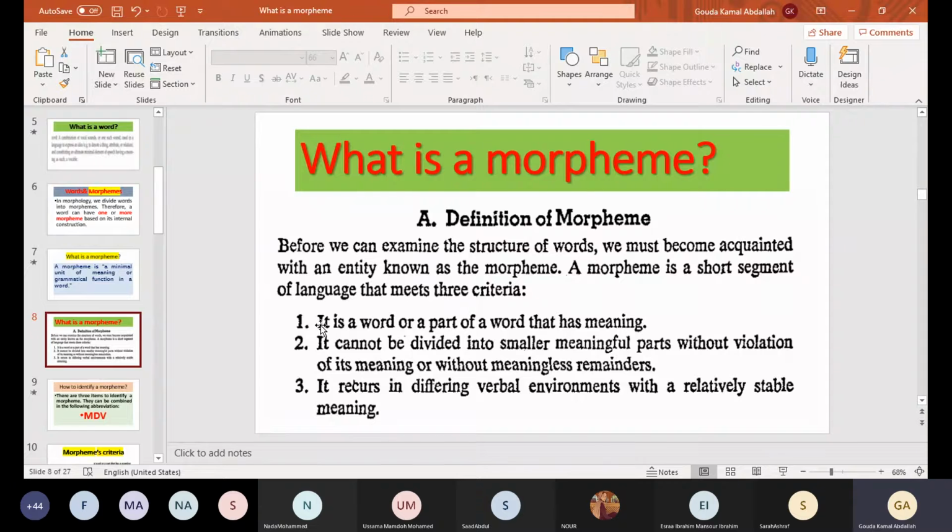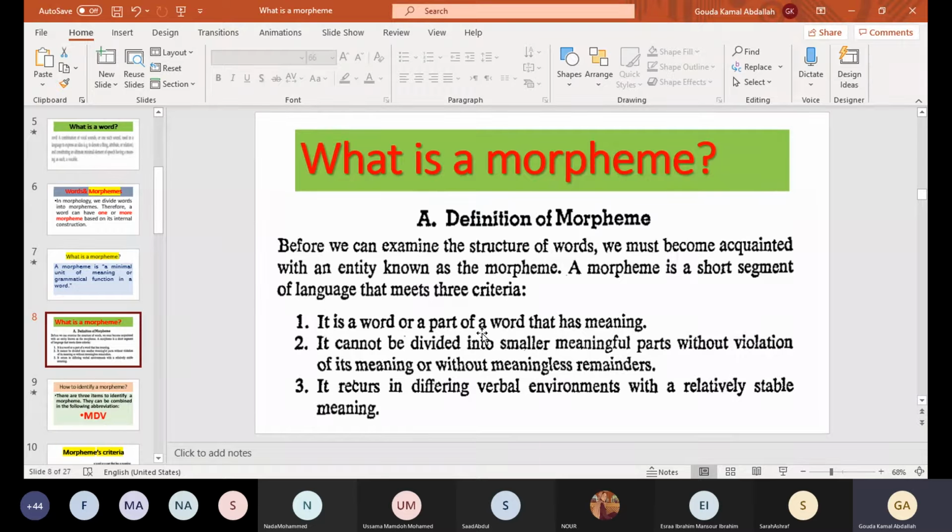Number one, a morpheme is a word or a part of a word that has a meaning. So condition number one: we must have a meaning. It could be the whole word, as in cat, or it could be a part of the word, like the S in cats.